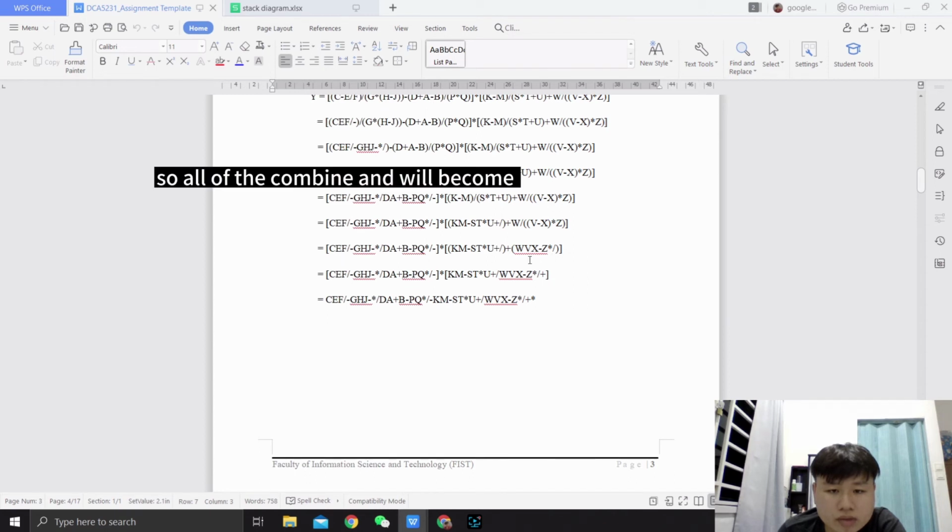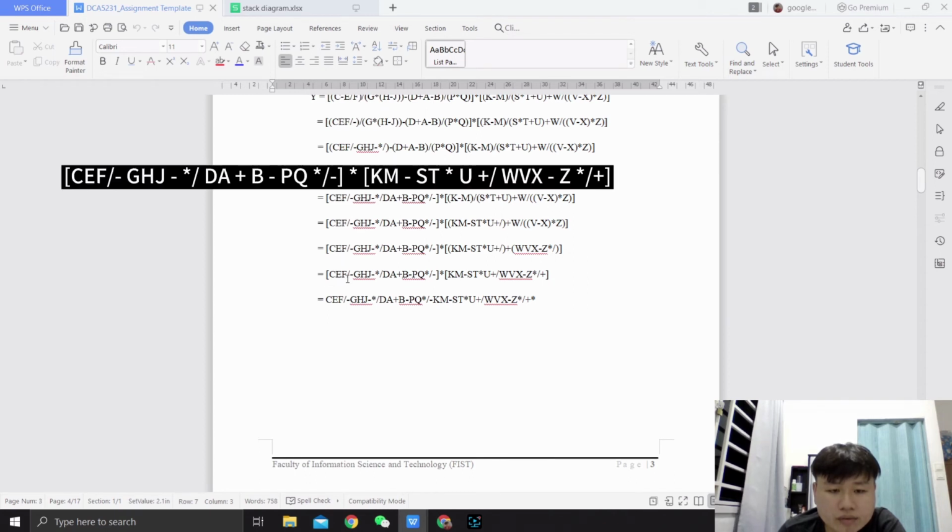So all of these combine and it will become CEF divide subtract GHJ subtract multiply divide DA add B subtract PQ multiply divide subtract, and then multiply KM subtract ST multiply U plus add subtract WVX subtract J multiply divide add.